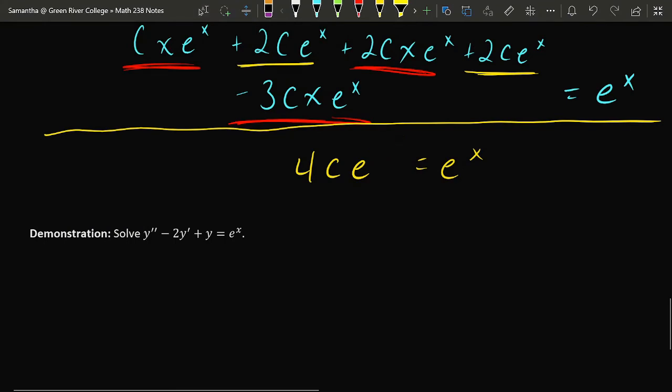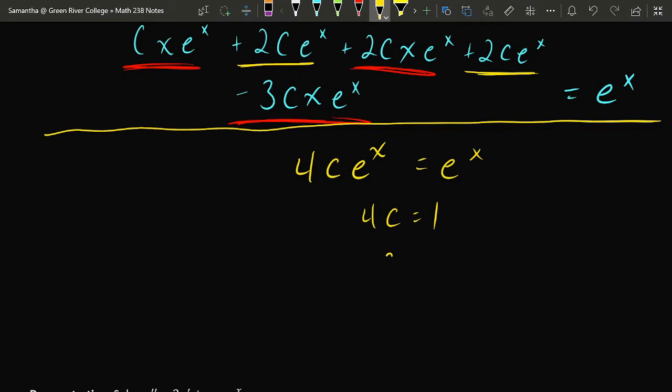Now we have something that we can actually solve for c. If I solve this for c, I find that 4c = 1, so c is equal to 1/4. And therefore my particular solution is equal to 1/4 x e^x.